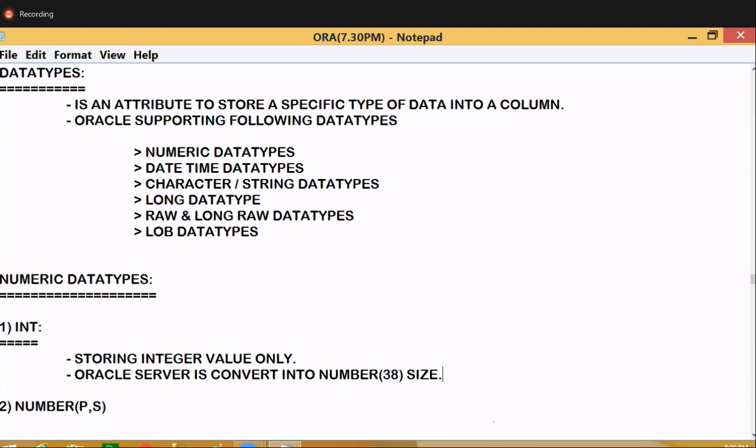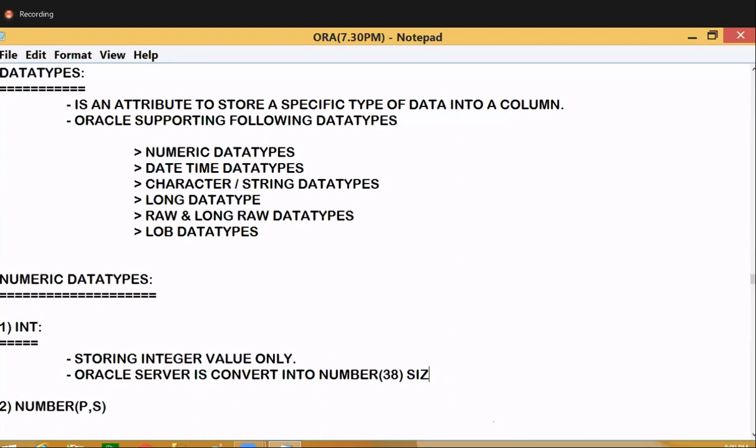Whenever you design a column in a table and apply the integer data type on the column, it is converted into a number of 38 digits of size.